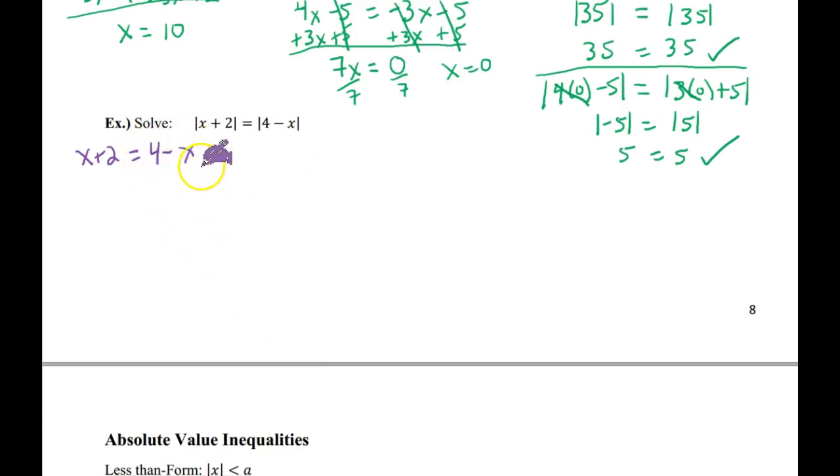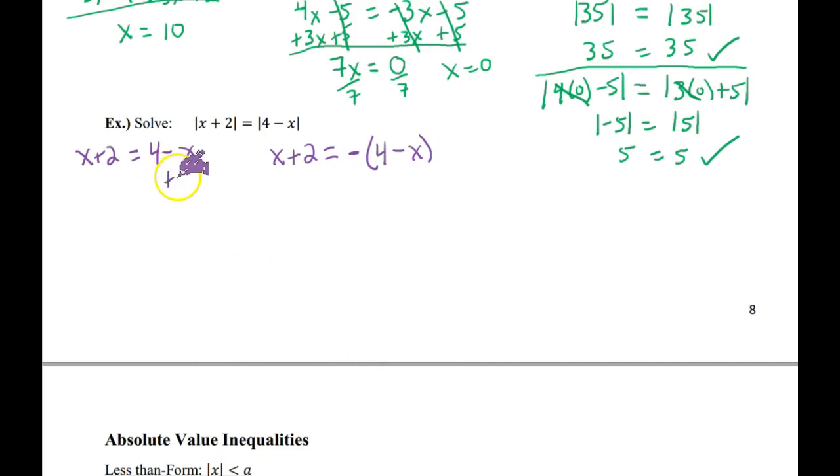I mean leave it exactly as it is. This would be times a positive 1, which is itself. And then I could have that same quantity, x plus 2, equal the negative of everything in there. So the negative of 4 minus x.